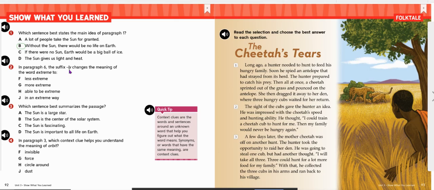Also, you needed to remember that ly means in a certain way. If you remembered those two things, then you should have selected J, in an extreme way. So let's circle J.